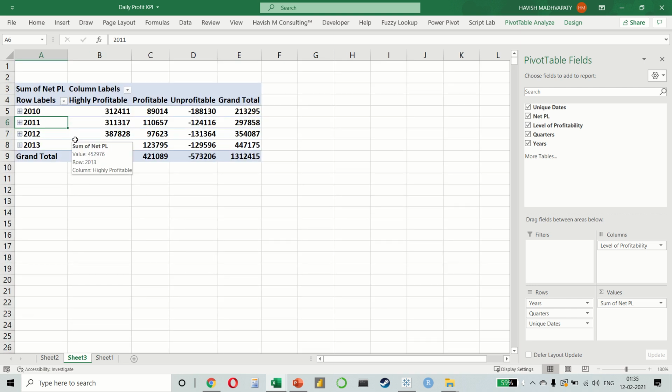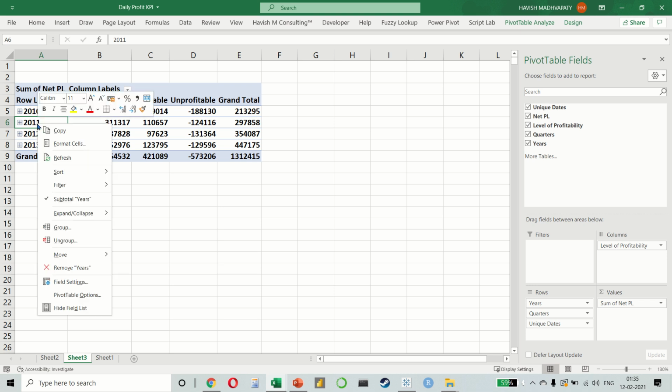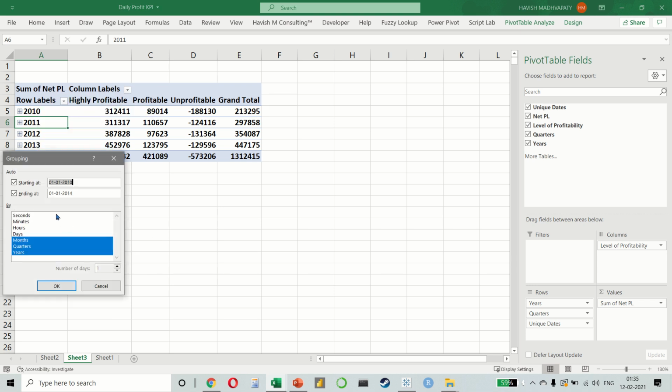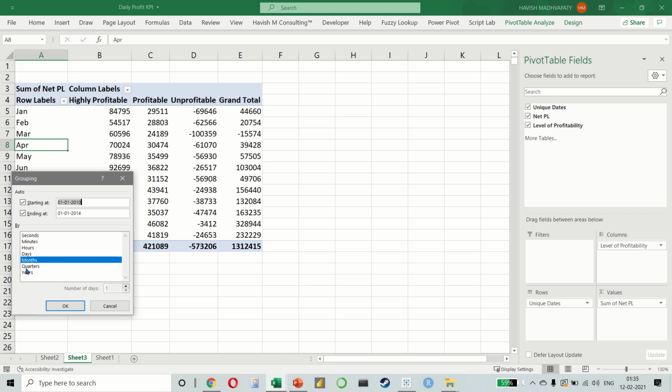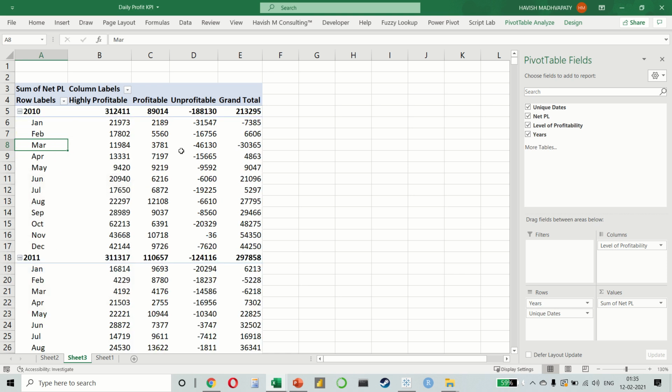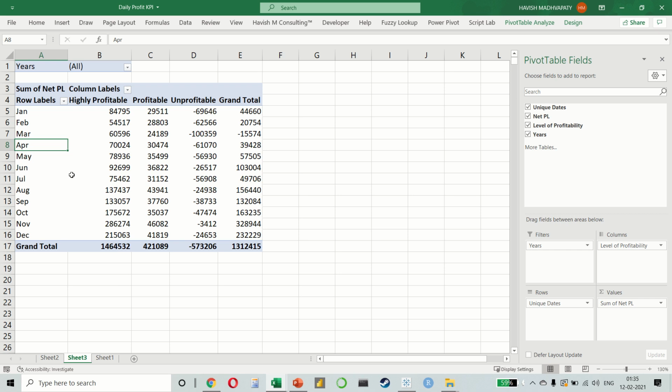We don't want to look at the data for all the years, so let me group it as per the month only. Let's keep the years in filters and let's keep the month in rows.